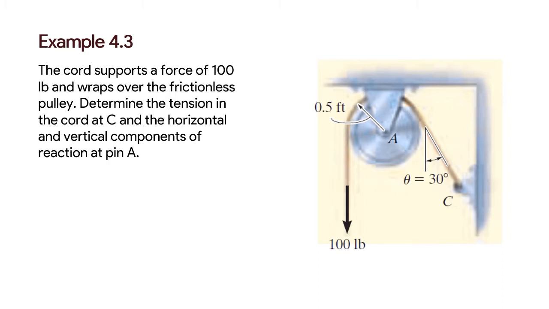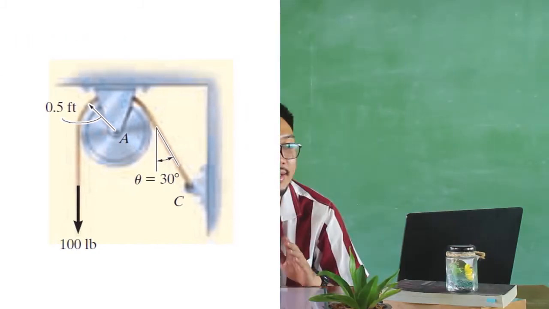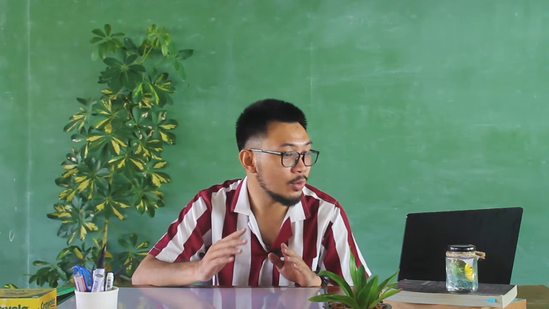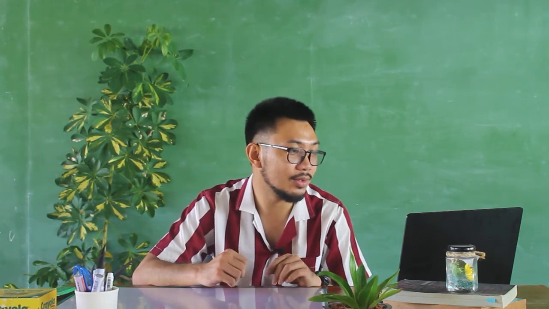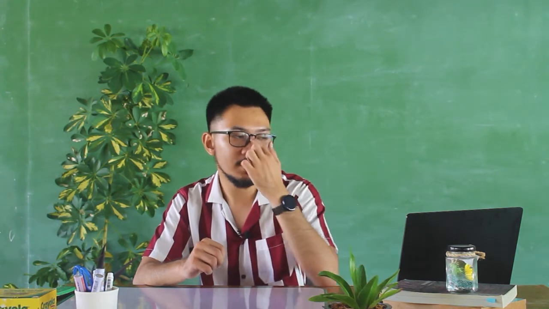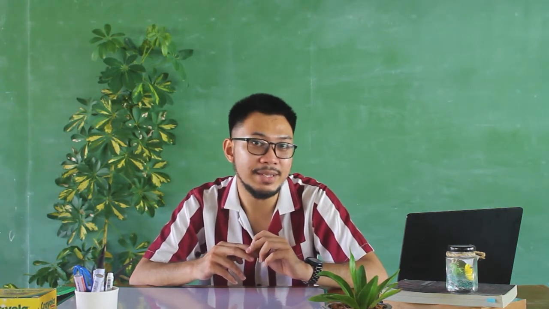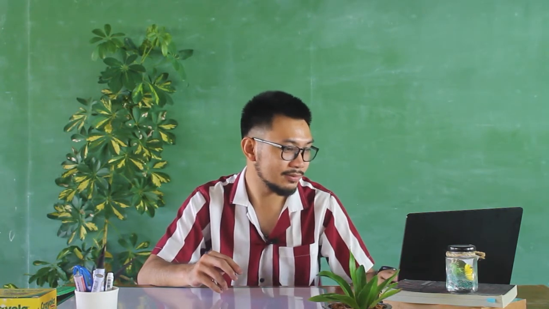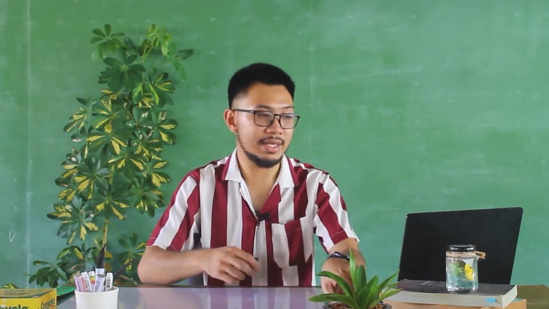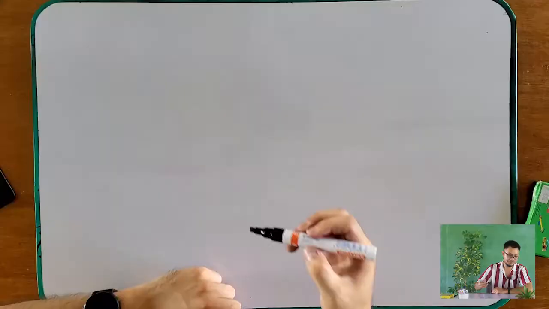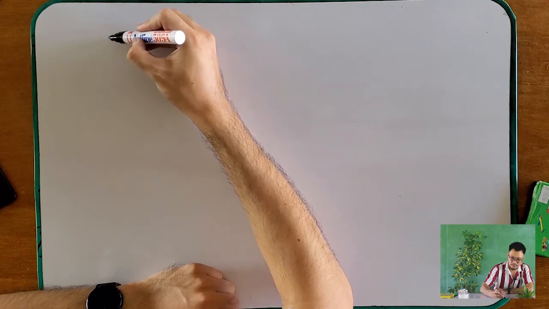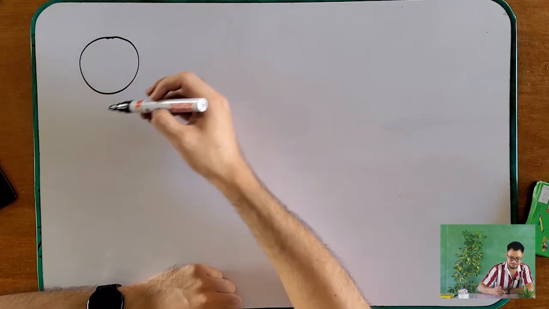We are to find the tension in cord C, and we also have to look for the vertical and horizontal components of your pin at A. Okay. Let's first draw our pulley.